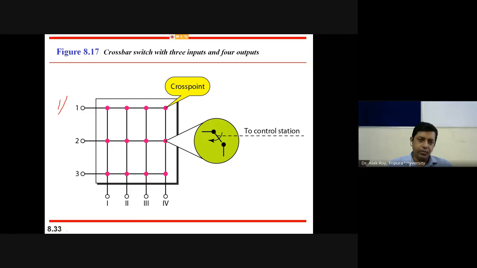Let's take this as input. There are 3 lines for input. Then these are for output. Basically, these 3 input lines will be connected to the 4 output lines. Okay. Let's try to understand that.